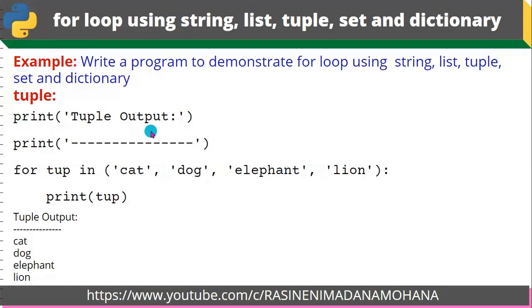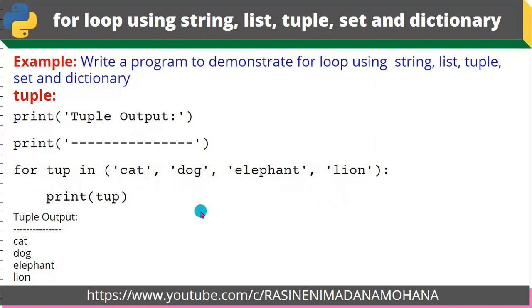So now the tuple output. For example, the tuple name TUP. We can't take the full form tuple, that is a reserved keyword. For the tuple, within round brackets, in the same format as the list, whatever the strings, in similar fashion within single quotes. For example, your first string is cat within single quotes, comma, second one is dog, third one is elephant, fourth one is lion.